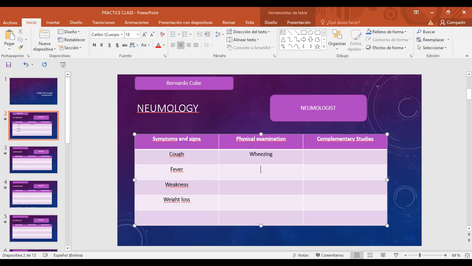Is there anything else you would find? I think no, but I don't remember many symptoms or signs. Okay, but we're talking about physical examination here.